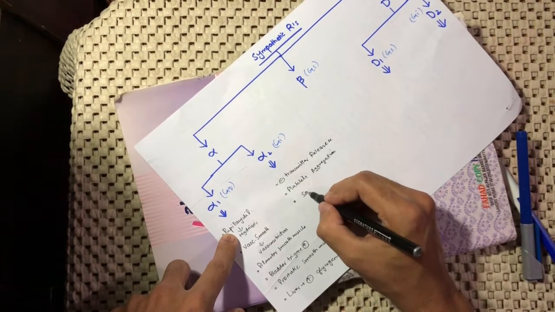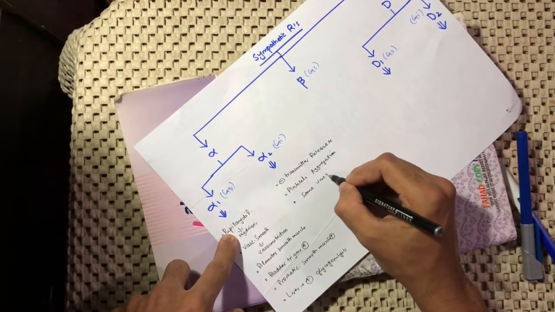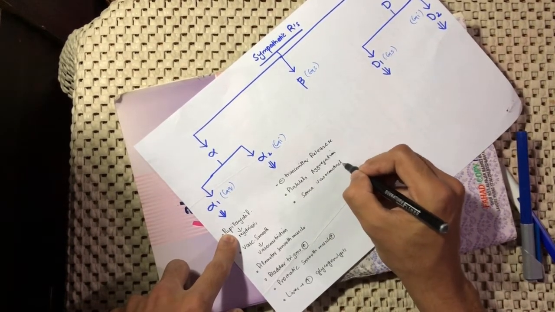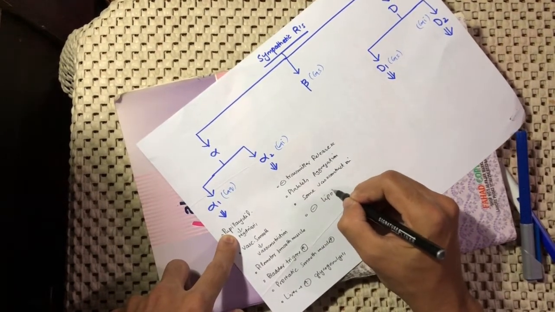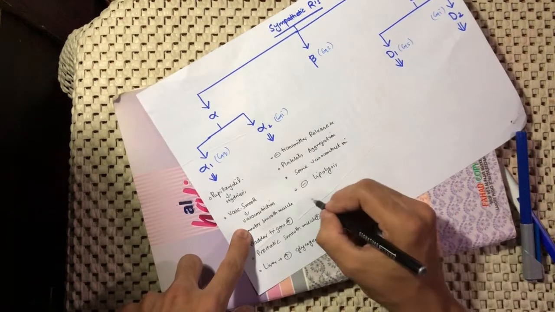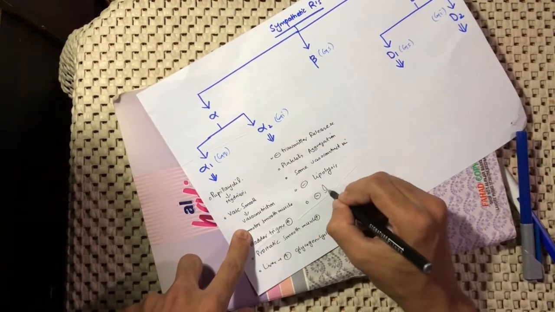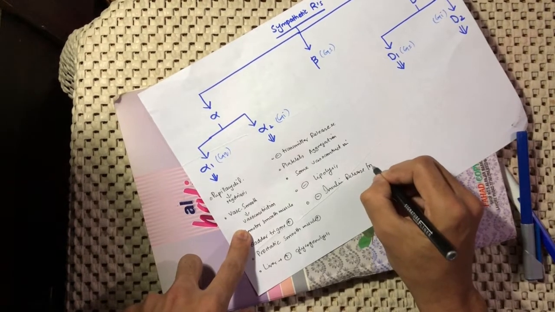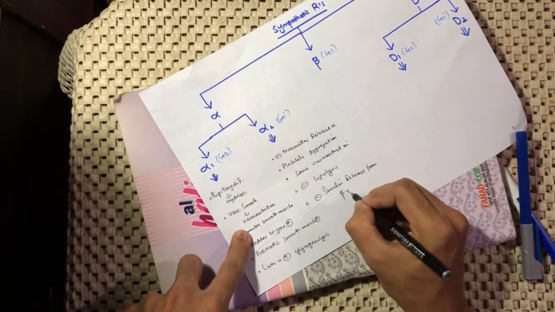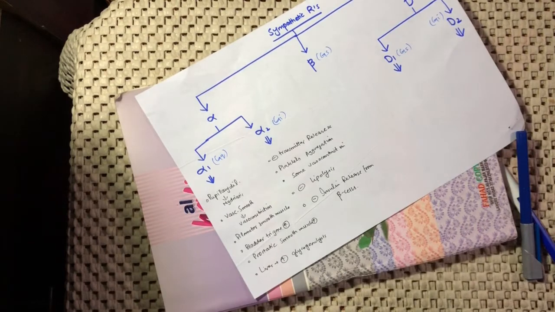Then it also causes vasoconstriction. It inhibits the lipolysis in the fat cells, and it also inhibits insulin release from the pancreatic beta cells as well.